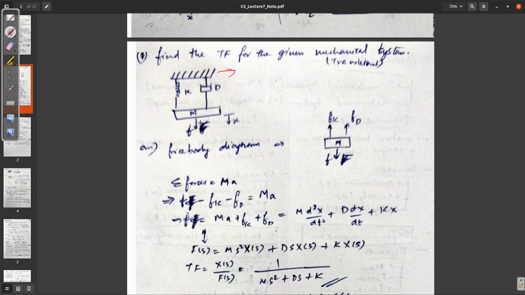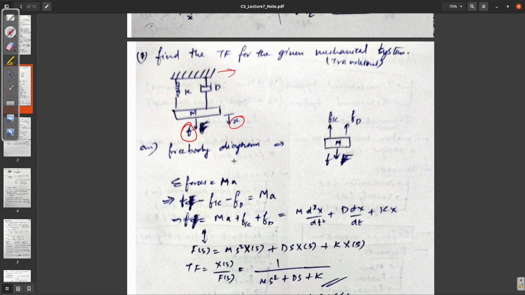The value of the spring is k, the value of the damper is d, and the mass is m. Then a force is applied on the mass, and that force creates a displacement. That's why we have the input as f and the output as x.